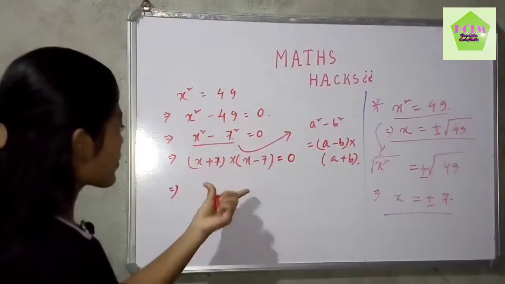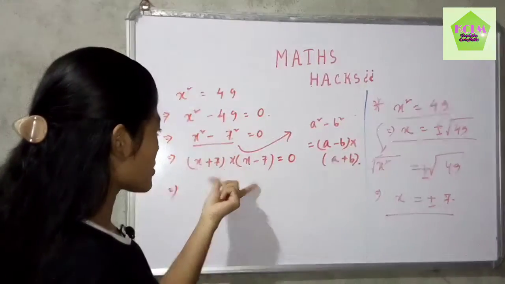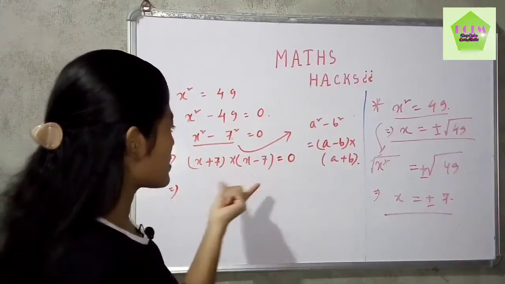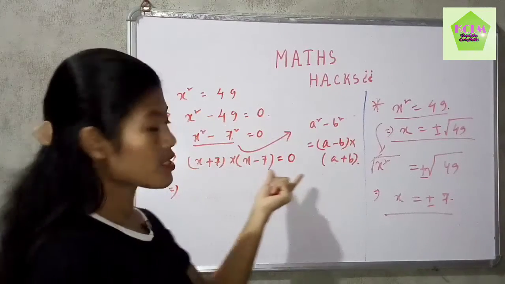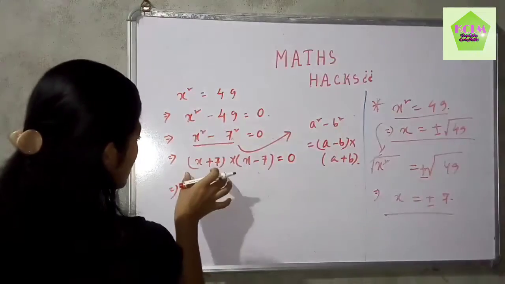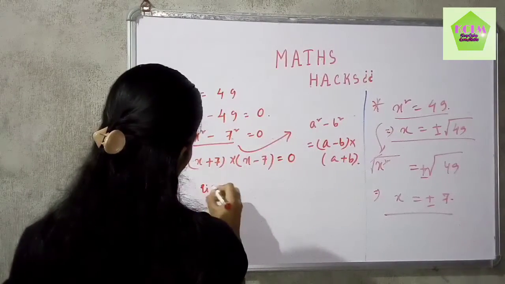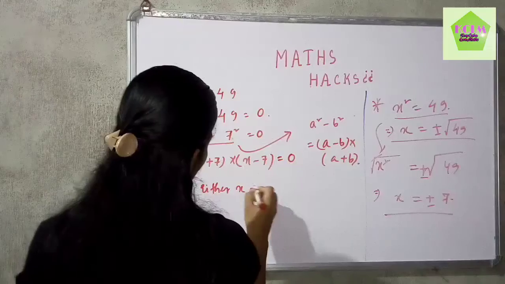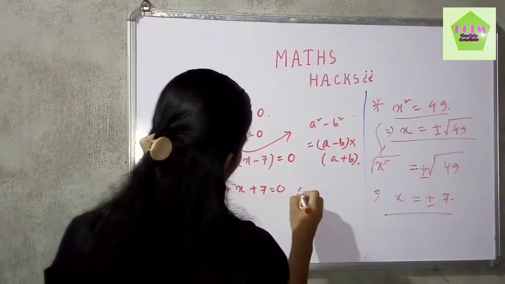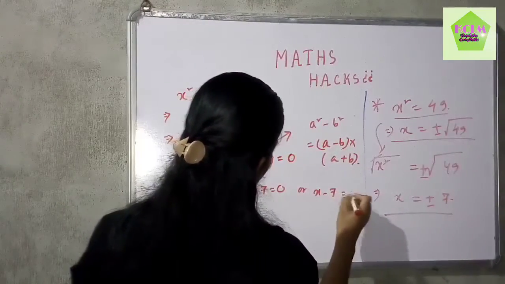Then if we have two factors and their multiplication is equal to 0, this means either this part should be 0 or this part should be 0. So either x plus 7 equals 0 or x minus 7 equals 0, right?